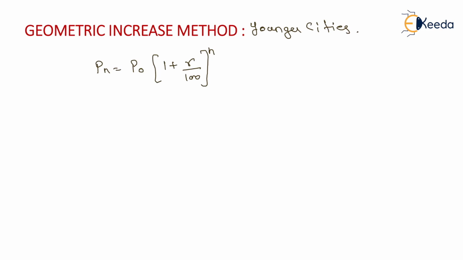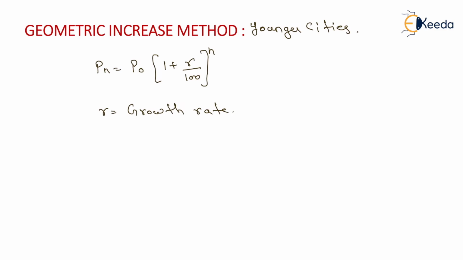According to the geometric increase method, the population after n decades will be equal to P naught into 1 plus r by 100 to the power n. Pn and P naught are the same as we discussed previously. Only r is changed. r is the growth rate, which we need to calculate in the question.